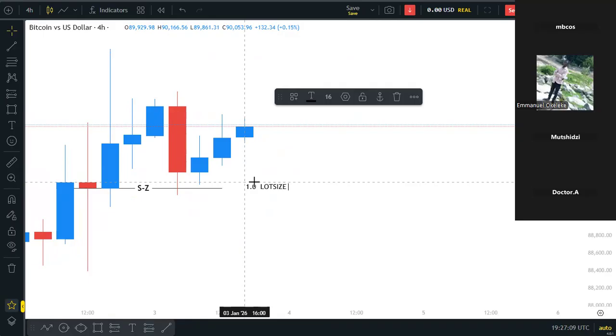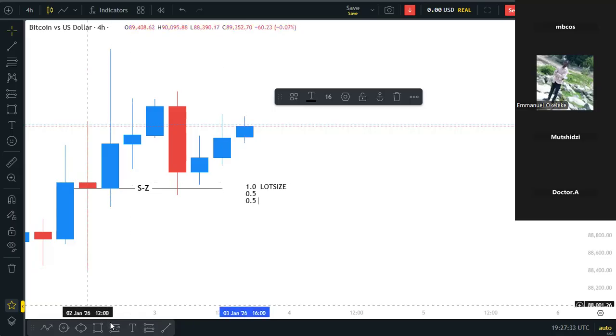What I will do is open two positions, but not on 1.0: 0.5 on one position and 0.5 on another, depending on the size of your account. If you want to use 4 standard lot size, you divide it into two, two lot size, like having two positions.